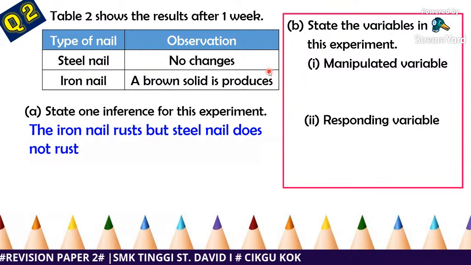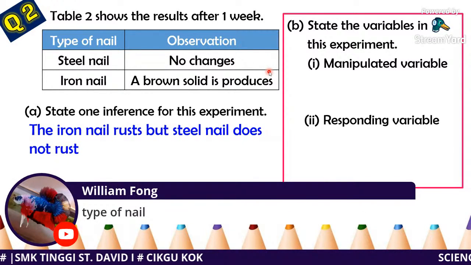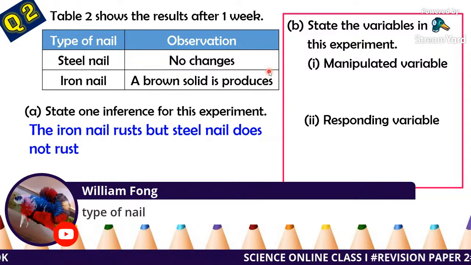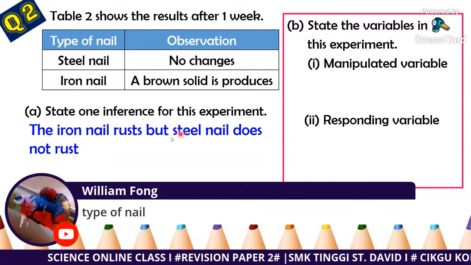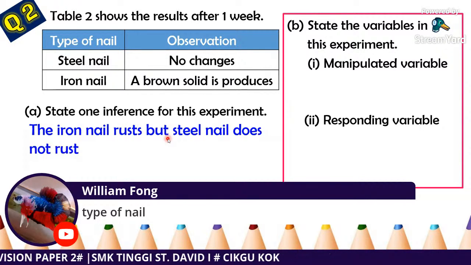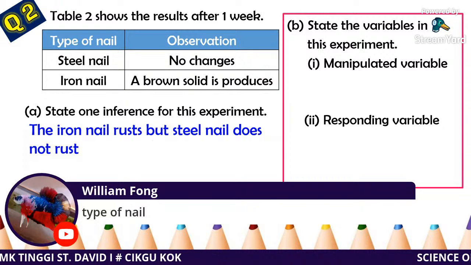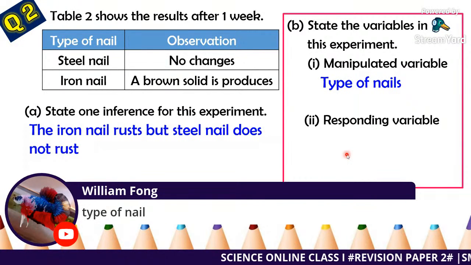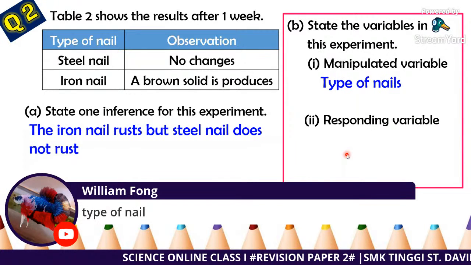Okay, William. Let's see the answer from William. William typed already: type of nail. Okay, let's check. Type of the nail. That one is the manipulated variable.